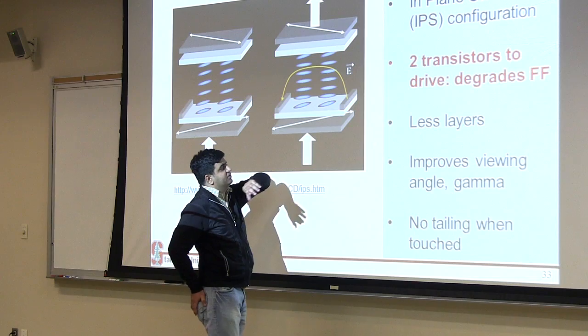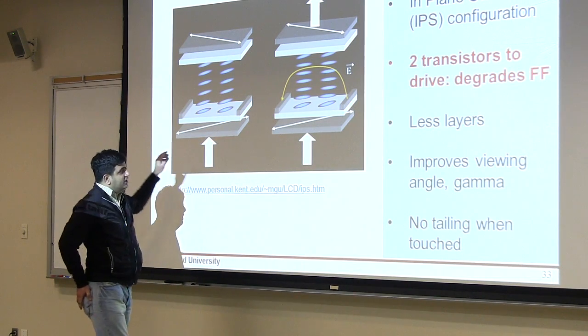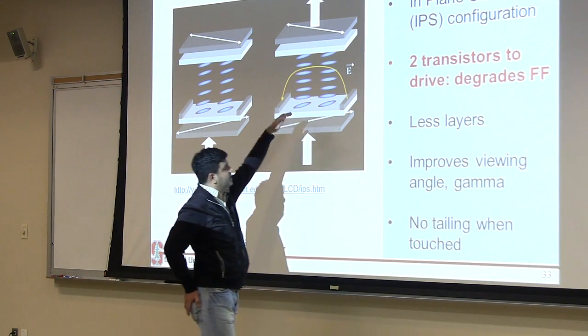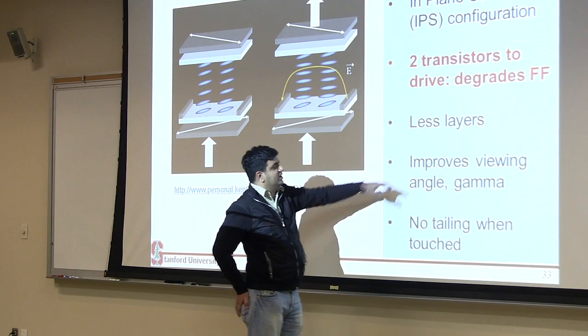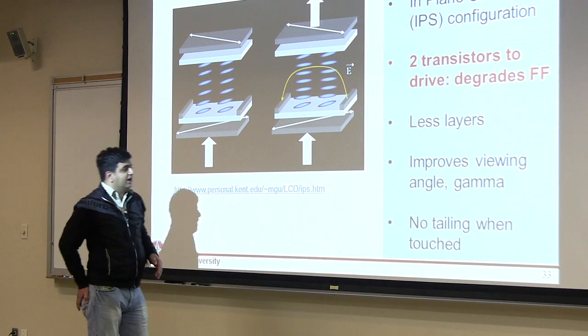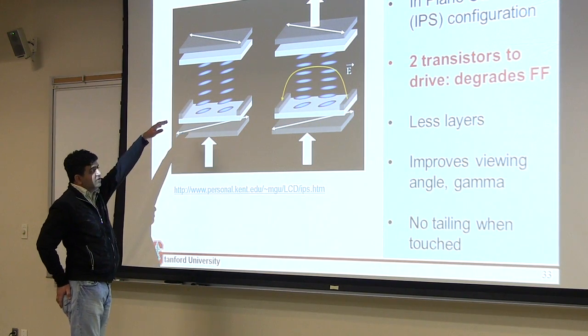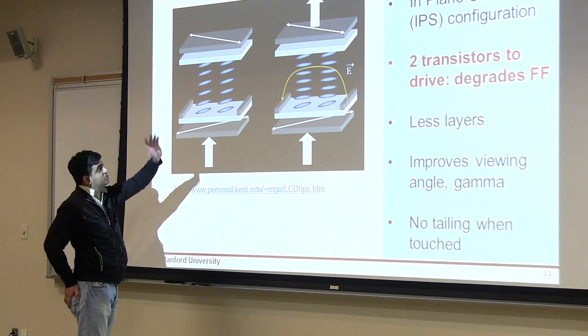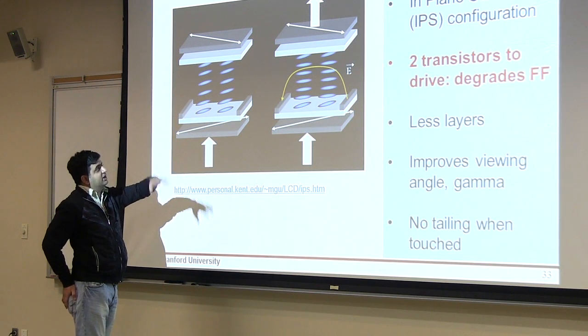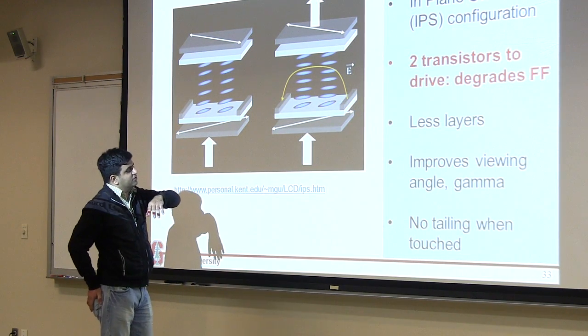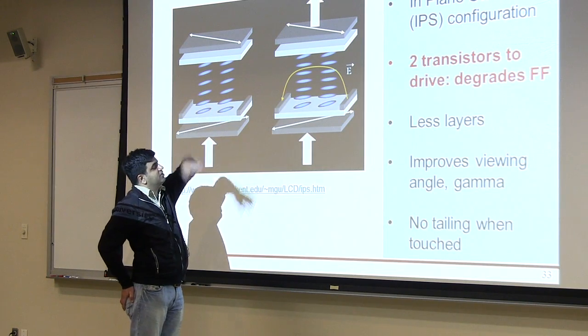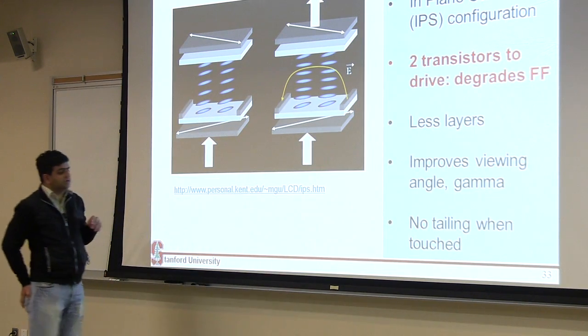What it improves is that now you have one less layer on the top. It also improves your viewing angle and your gamma, because since you have fewer layers, you can reduce the directionality of your light. Also, if you press it from the top, it does not produce any tailing.